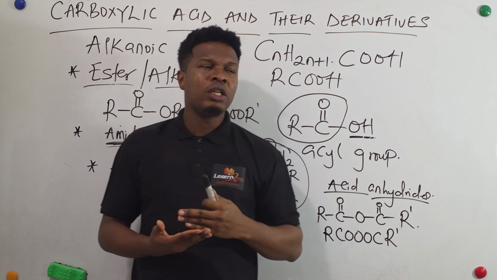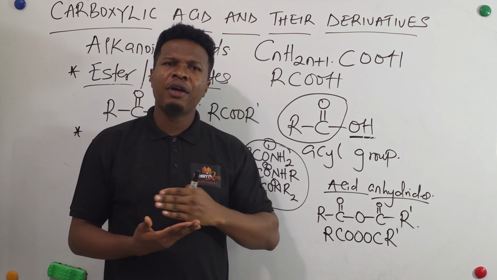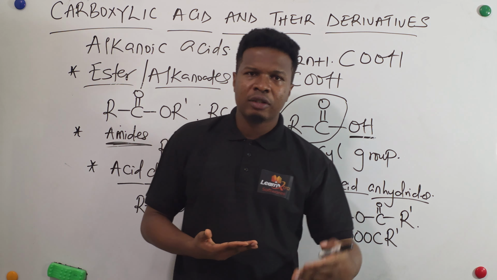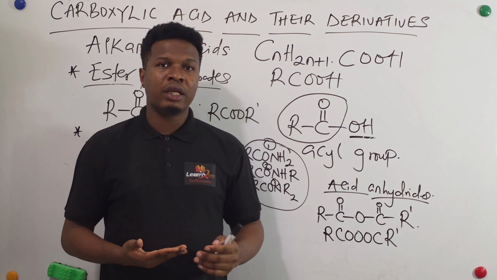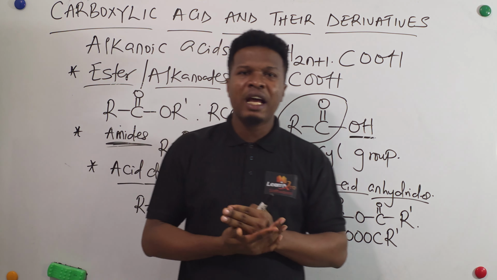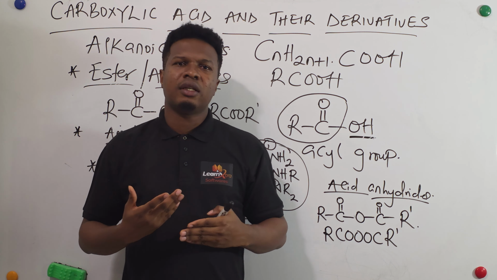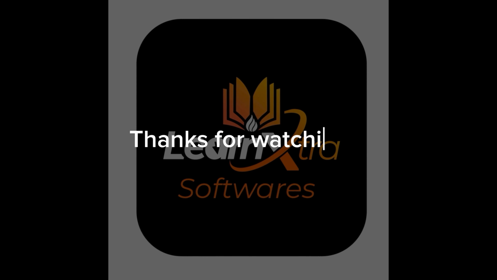So that's why these carboxylic acid derivatives undergo a kind of reaction called acyl nucleophilic reactions, because nucleophiles will always come into the reactions. So these things you are looking at here are called derivatives of carboxylic acid, and we're going to look at how they react in organic reactions.